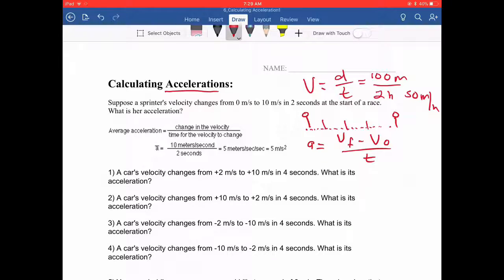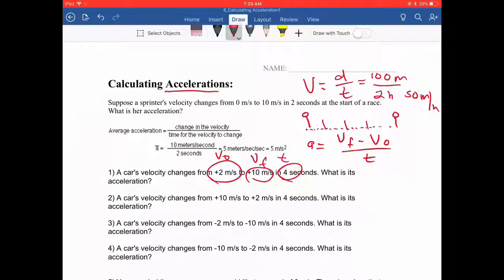Number one, a car's velocity changes from 2. Now, ignore the pluses and minuses. I had an idea with that, but we'll ignore the pluses and minuses on these couple problems. But this is the original. It goes to 10 meters per second. This is the final. And in 4 seconds, that's the time.